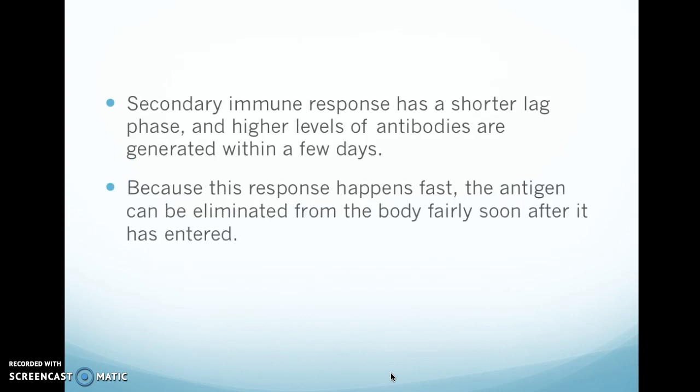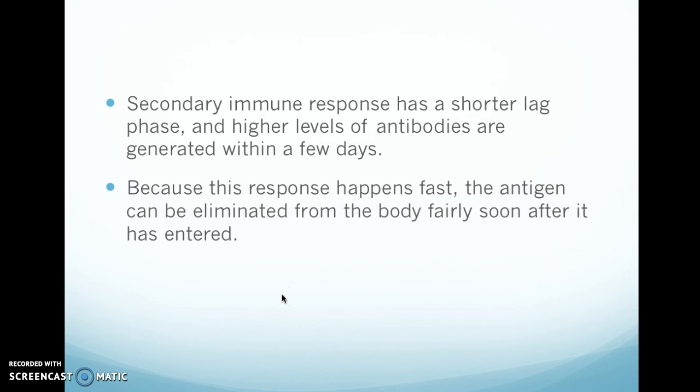So the secondary immune response has a shorter lag phase, and higher levels of antibodies are generated within a few days. When your body realizes that you are coming in contact with the same infection or same sickness, it's automatically going to be like, oh, I've had this sickness before, let's fight it off, let's get this over with.